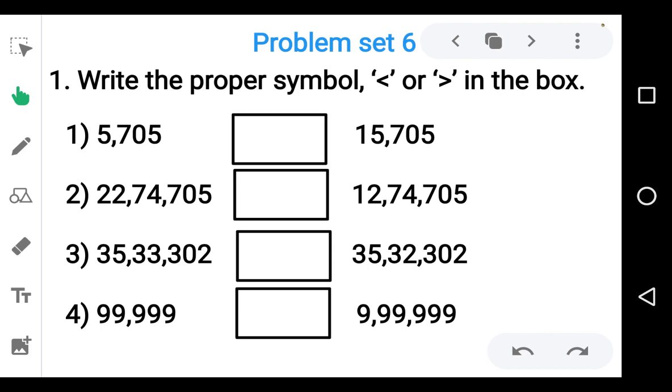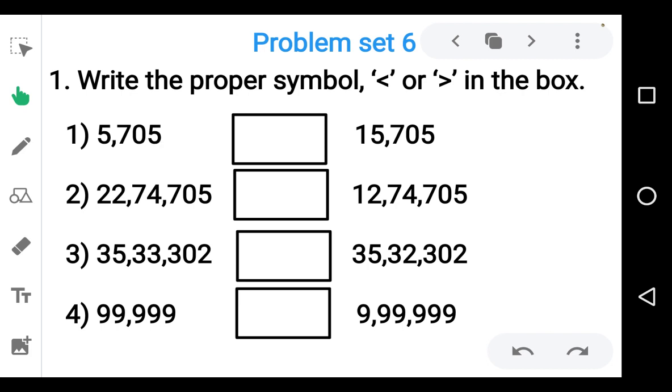See question number 1. Write the proper symbol, smaller than or bigger than, in the box. What do we have to do here? We have to compare these two numbers and tell which number is bigger or smaller. See the first one.